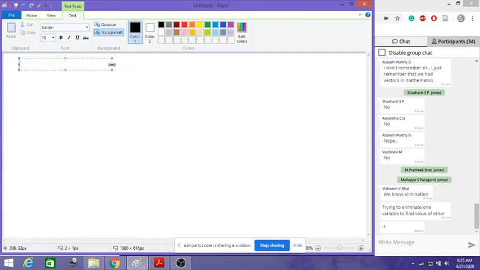So the first one is: the linear equation leads to the geometry of planes. This is the first point. The linear equation leads to the geometry of the plane.